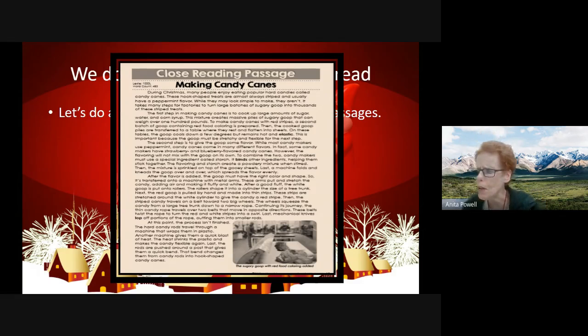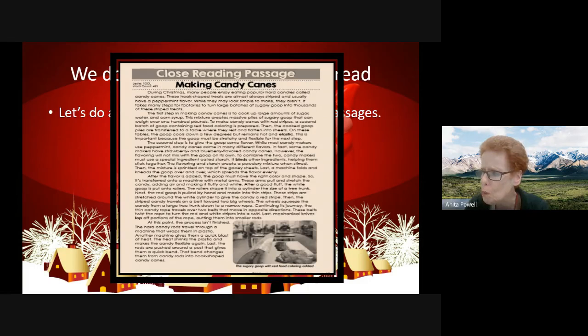The first step in making candy canes is to cook up large amounts of sugar, water, and corn syrup. This mixture creates massive piles of sugary goop that can weigh over 100 pounds. To make candy canes with red stripes, a second batch of goop containing red food coloring is prepared.